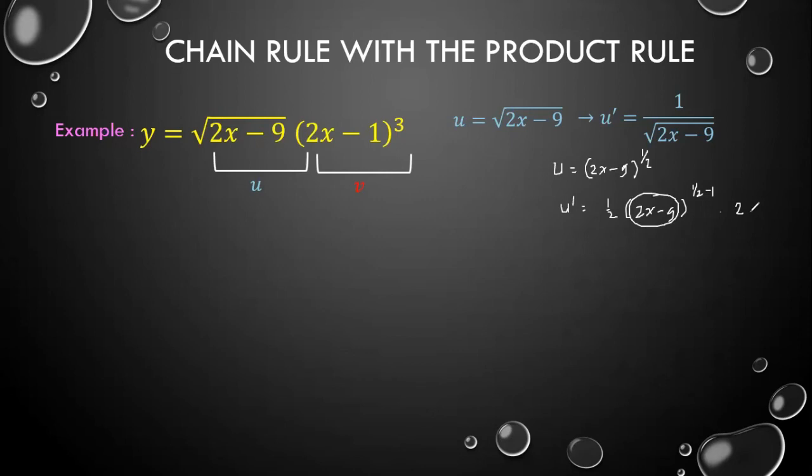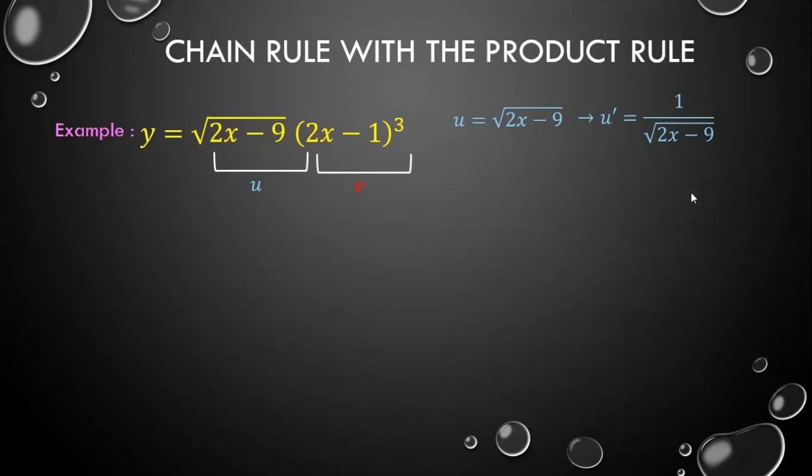Don't forget. And then this one cancels, right? So the final u prime is 2x minus 9 to the power minus a half. You can simplify: u prime is 1 over 2x minus 9 to the power a half, or 1 over the root of 2x minus 9. Is it clear, everyone? That's very clear, I think.